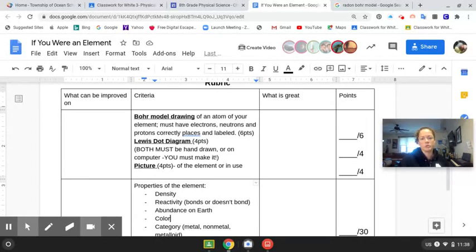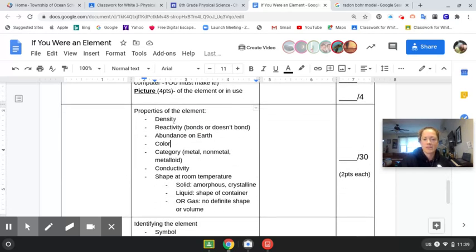So you can do an oxygen tank, or you can do a picture of the sky with the O2s in it, and that would be oxygen. If you're doing helium, for example, again, that's another gas. You can't do a picture of a gas, but you can do a picture of a helium tank, or you can do a picture of a balloon. So be creative. If you can't see your element, be creative with how you display it, but a picture needs to be on there.